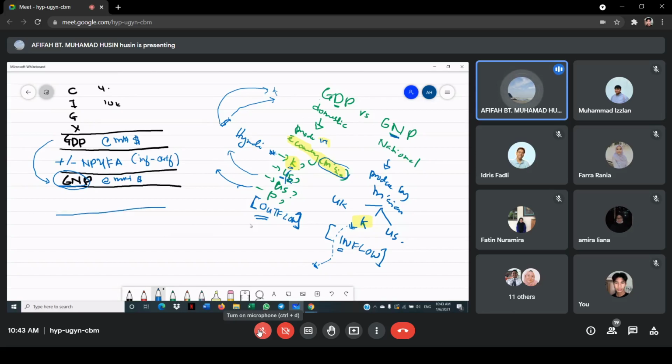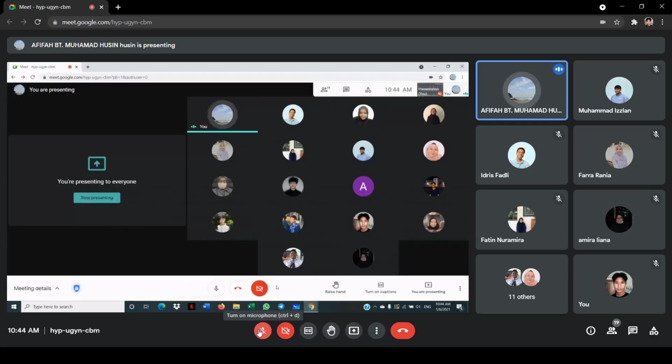Right now, from GNP market price, kita nak calculate GNP at factor cost. So what is the difference between market price and factor cost? Apa beza? Tak ada siapa tahu? Apa beza market price dengan factor cost?